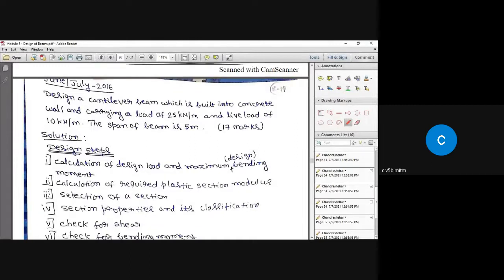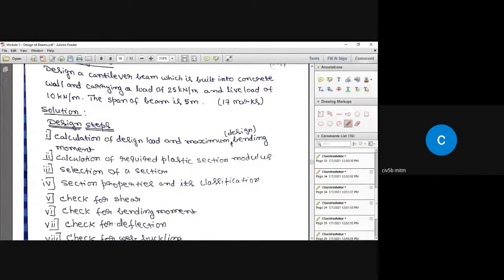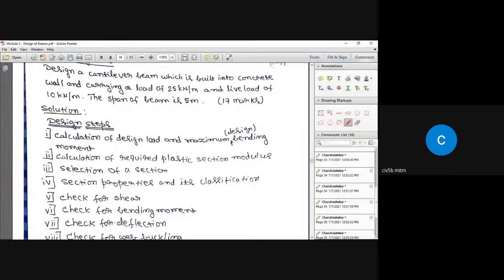Okay. So these are the design steps we have. First, calculation of design load and design bending moment. Then calculation of required section modulus. Once the section modulus is known, you go to annexure H on page number 138 and select a section. Here also I prefer to select an ISMB section.